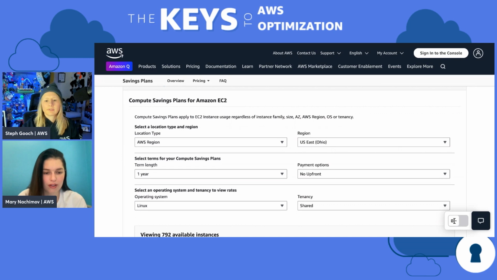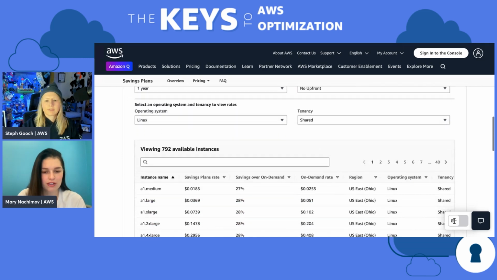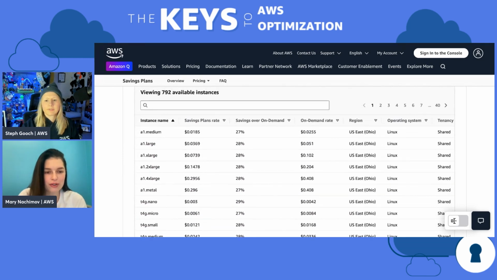Yeah, if you can scroll a little lower. Over here, you can see that the instance type, for example A1 medium, has a certain SP rate, which is a 27 percent discount over the on-demand rate. And there are a lot of different variations for different instance types with a percentage savings over on demand.